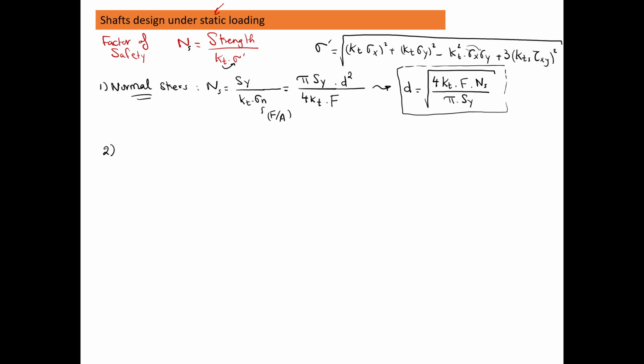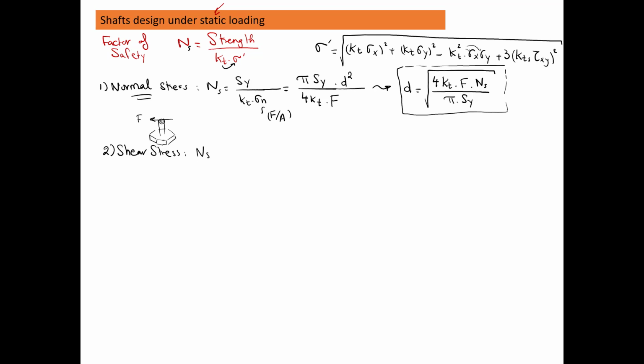The second type, we have shear stress. So the same way, the factor of safety, N. So let's assume we have a bolt, and then there's an applied force, F sub S, or just simply F, and we're only doing pure shear, so we don't have other types.